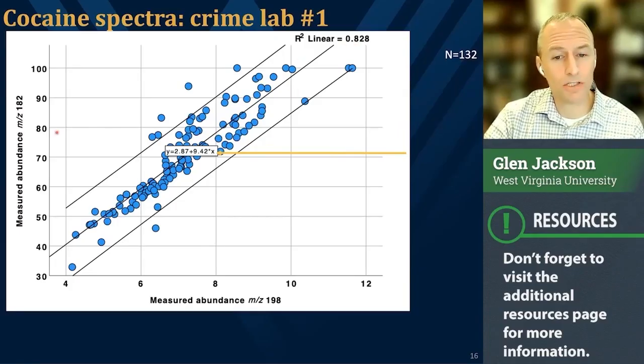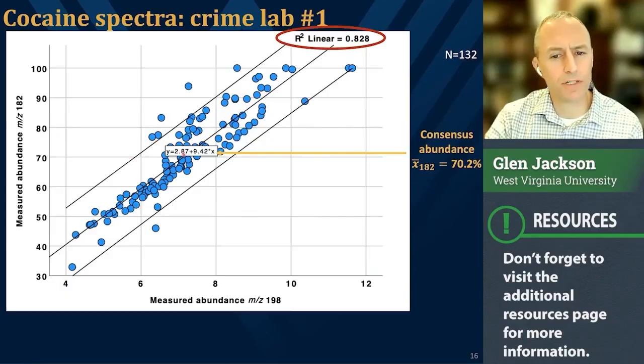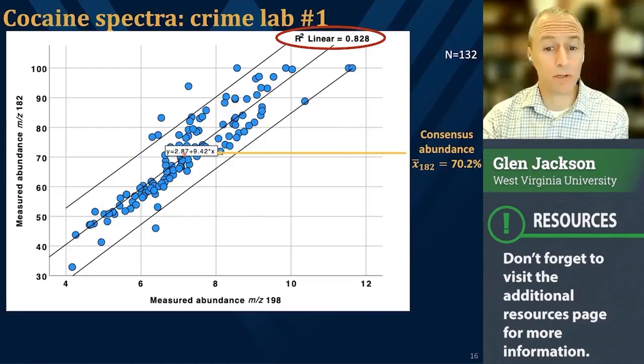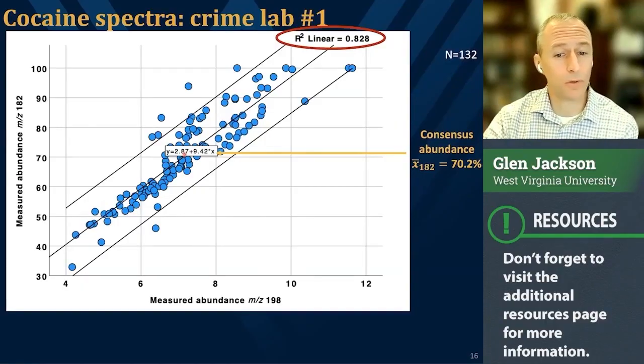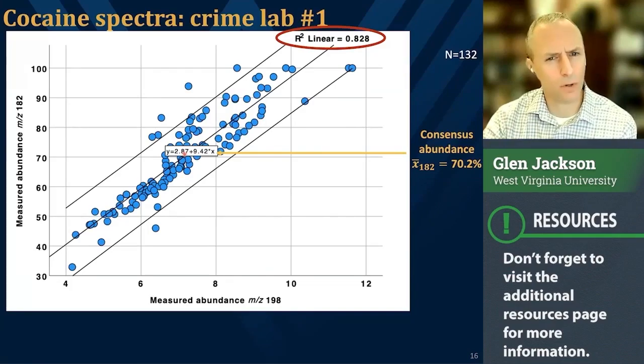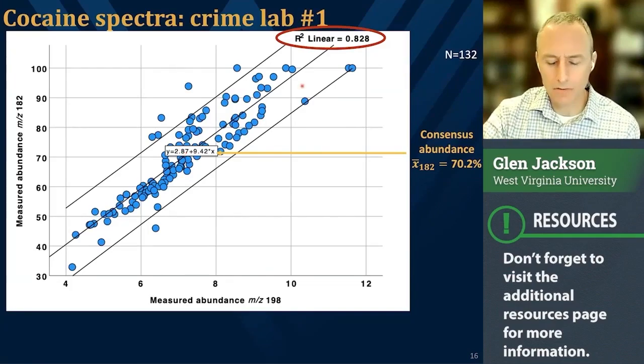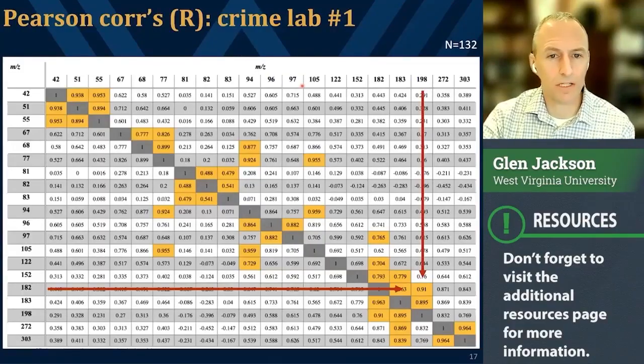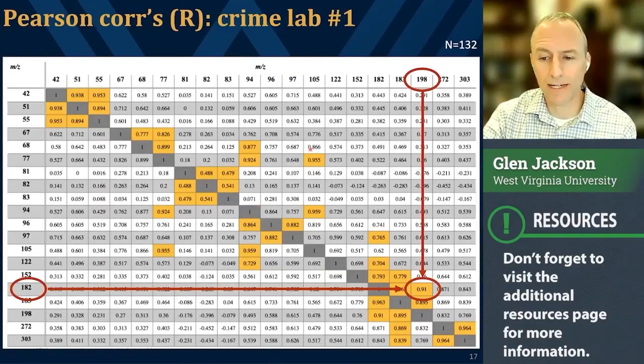Again, this is after normalization to the base peak. You can see that the consensus, or the average of all of these spectra, is 70.2, and in the absence of any other information, this would be your best guess for what the abundance of 182 would be in an unknown or questioned sample of cocaine. So this correlation that exists between these two particular fragments, you can see in this correlation matrix here for 182, 198.